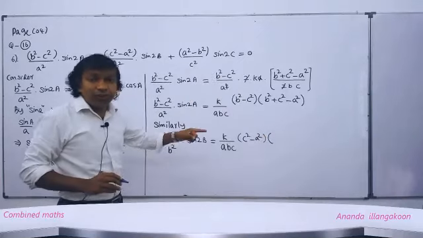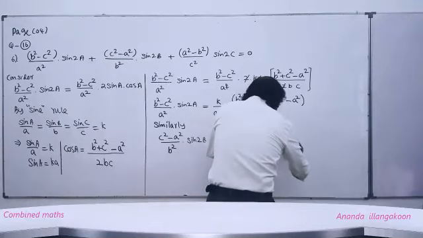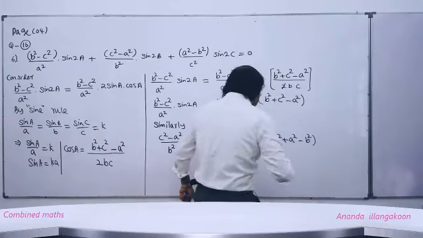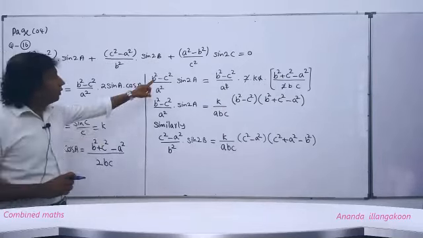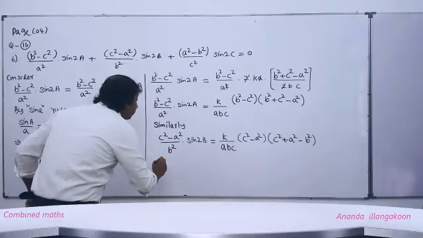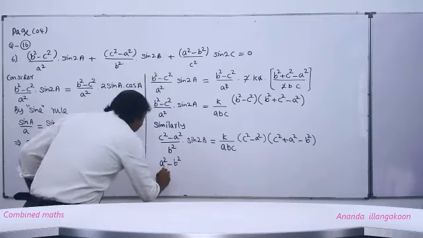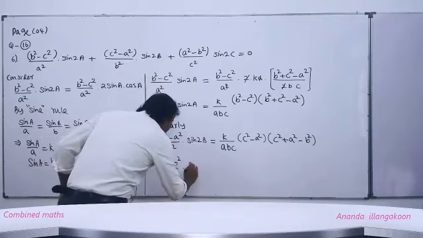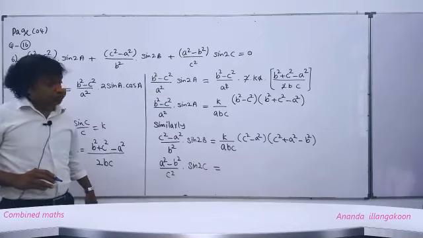Then what's the next one? Take the sign opposite. Make it like c squared plus a squared, and subtract the other term. What is that? b squared. Next one is (a squared minus b squared) divided by c squared times sin 2C.